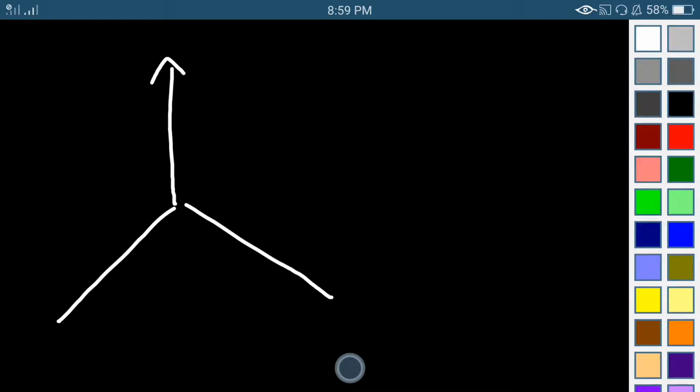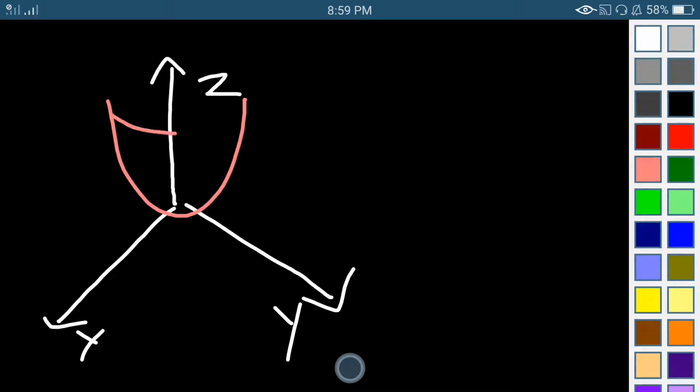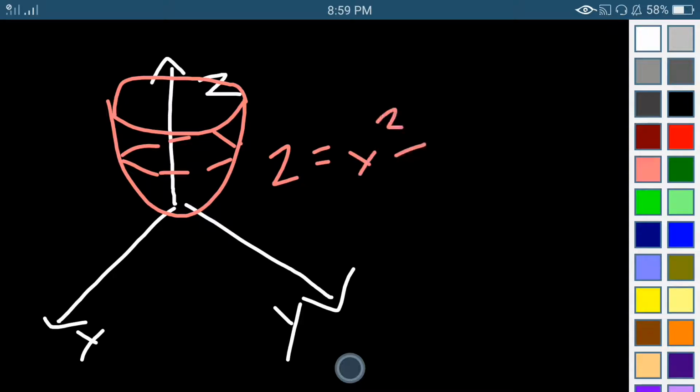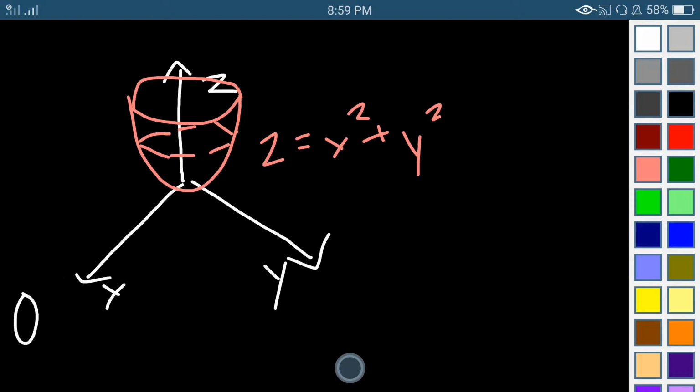So we have this y, x, z axes and this function, z equals x squared plus y squared. How do we find the minimum?